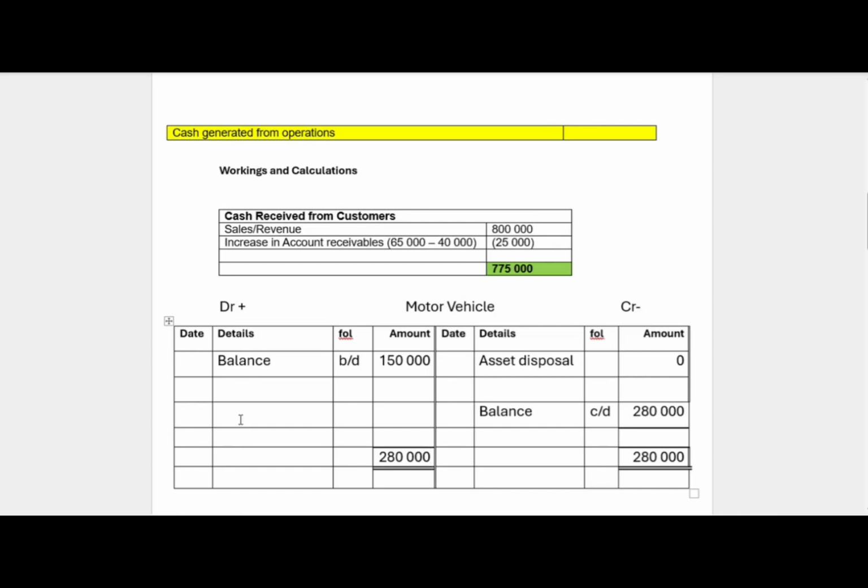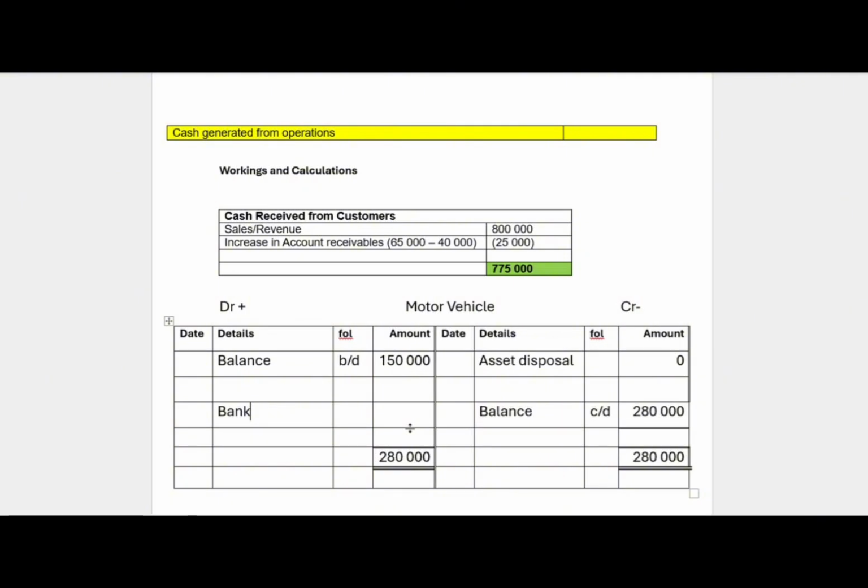And then we come here and we're going to say bank. This bank is the one that will go to cash flow as additions in vehicle, or increase in motor vehicles, right? So it's going to be 280,000 minus 150,000. How much are you getting there? Just put that on the calculator quickly, as I put this on my calculator as well.